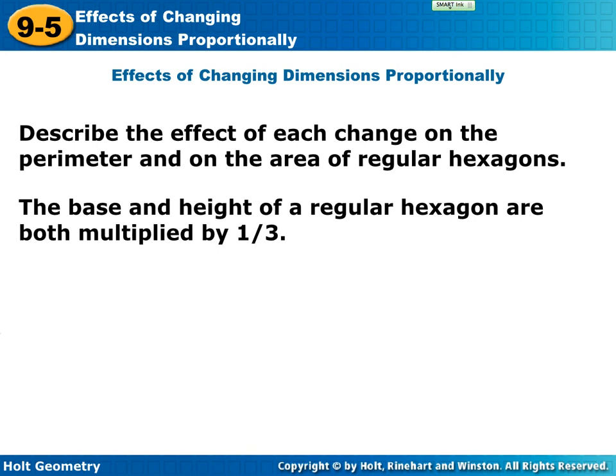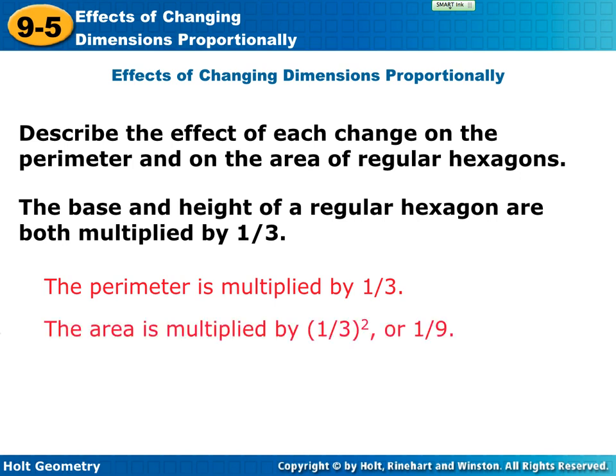So the perimeter is going to get multiplied by 1/3. Area, if we're changing both dimensions, is going to square whatever we do. So multiplied by 1/9 as much.